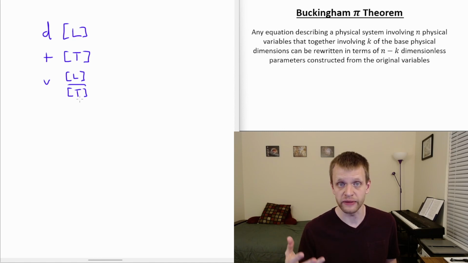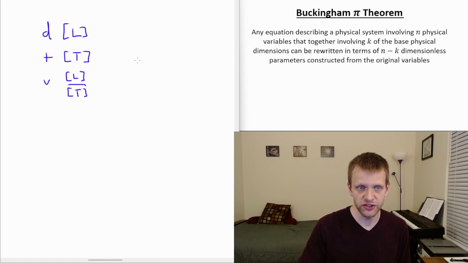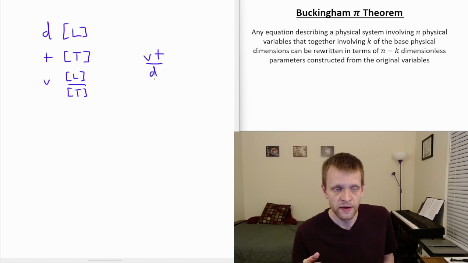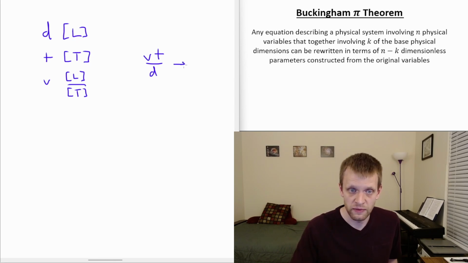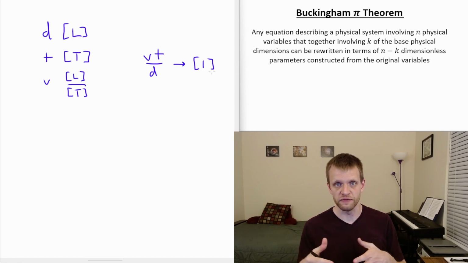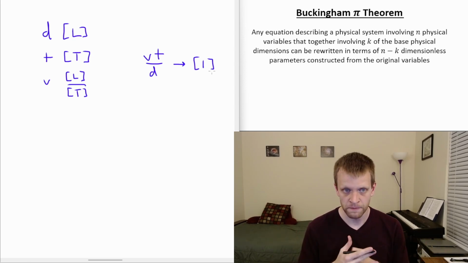Velocity would be a combination of that length and time. Well, I can rearrange this in terms of a dimensionless variable. I can write velocity times time divided by distance, and that combination of terms will have no dimensions. This will just have dimensions of unity, no dimensions at all.